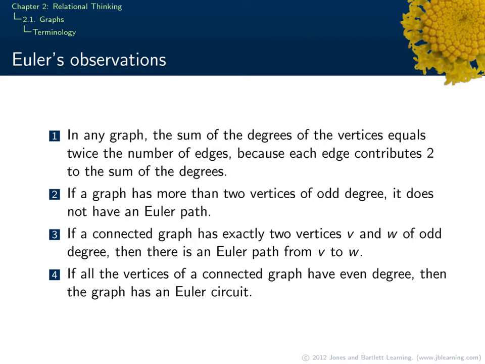The third observation is that if a connected graph has exactly 2 vertices v and w of odd degree, then there is an Euler path from v to w. And then finally, if all of the vertices of a connected graph have even degree, then the graph has an Euler circuit. So what does this say about the Königsberg bridge problem?